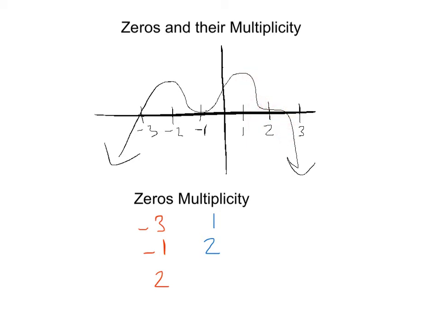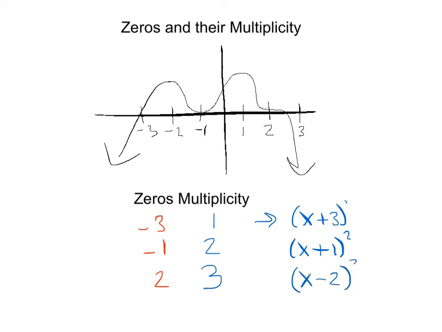It comes down and flattens out there, and that's going to be a multiplicity of 3. What this means is the factors would look like x plus 3 to the first power, x plus 1 squared, and x minus 2 to the third power.